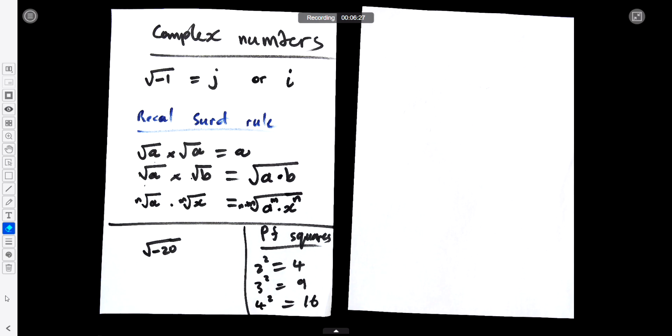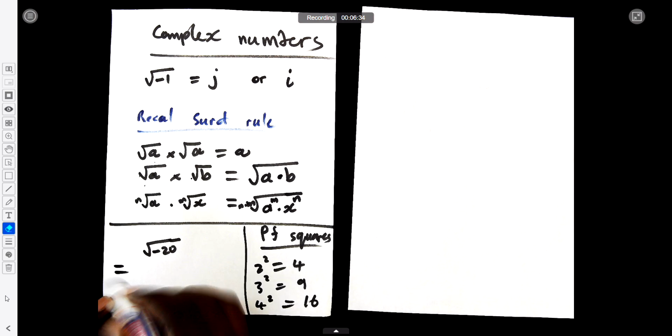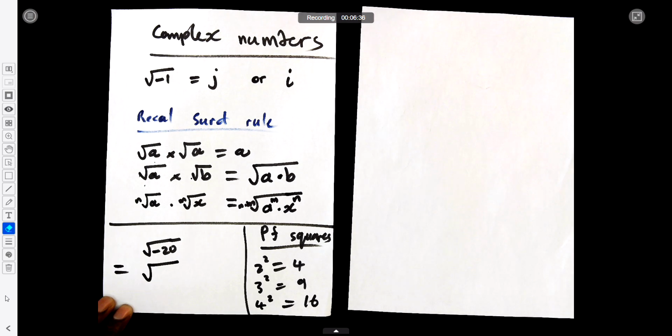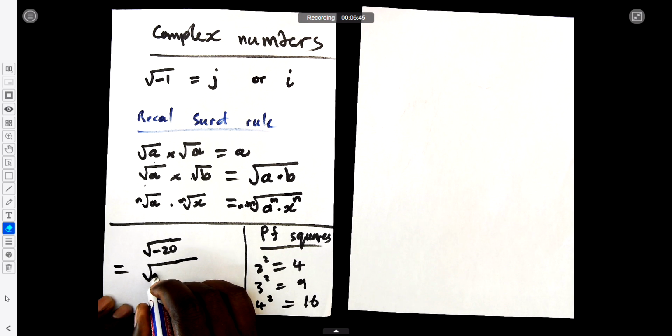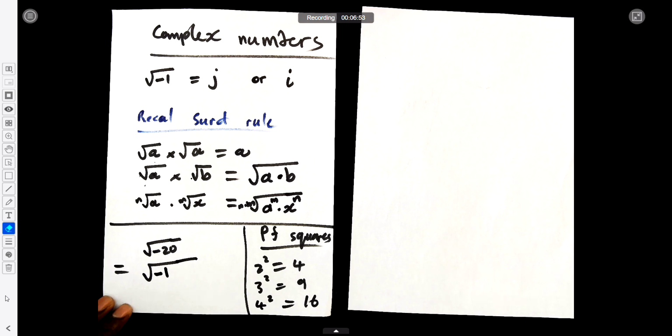So sometimes when you're simplifying these values, start using perfect squares. For example, with 20, I know that I can split it into factors of 20, consisting of 1, which is a perfect square. Let's start with, which one can I use? Maybe I can say, always have negative 1.